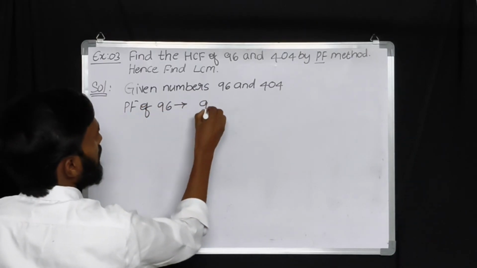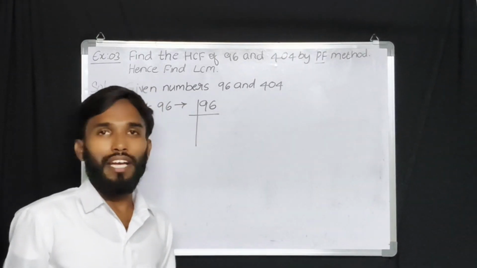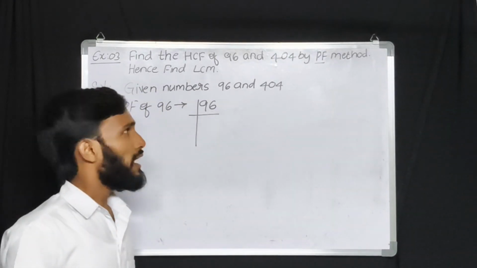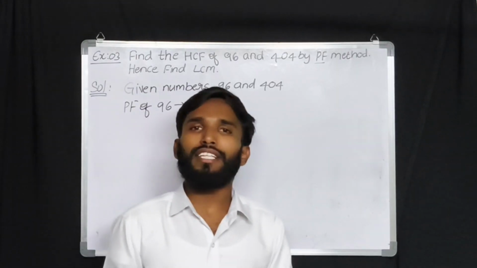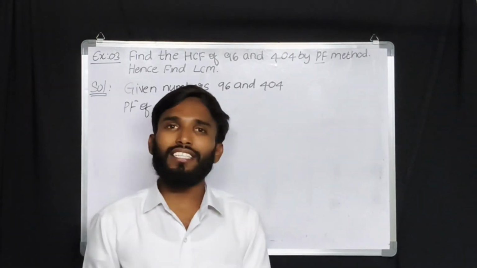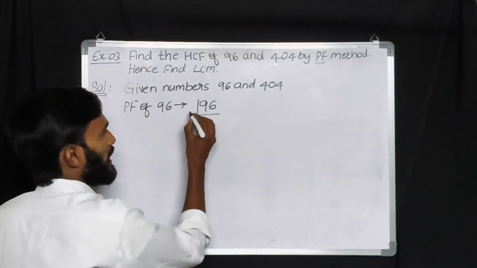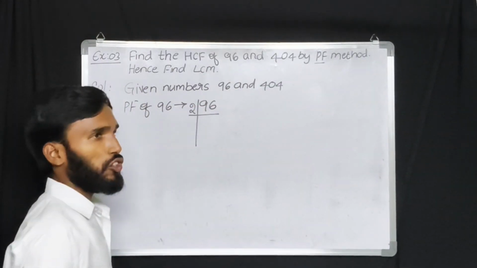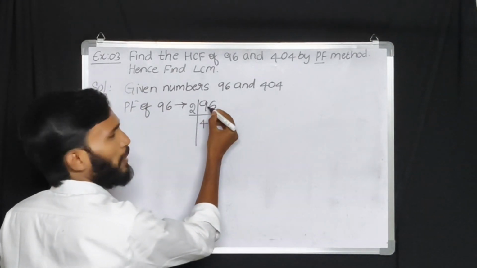What is that? You all learned the divisibility rules of numbers. What are the divisibility rules? Here see, the last number is 6. Wherever a number has an even last digit, it is divisible by 2. Now see here, in the 2 table, 9 is not possible. 8, 4 times, and 1 will be the remainder here.